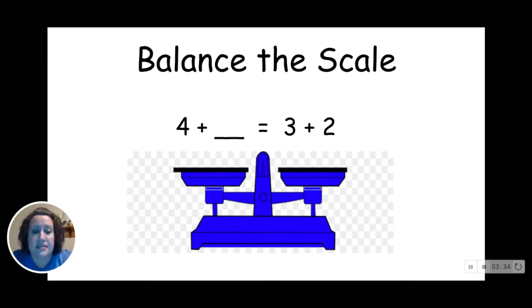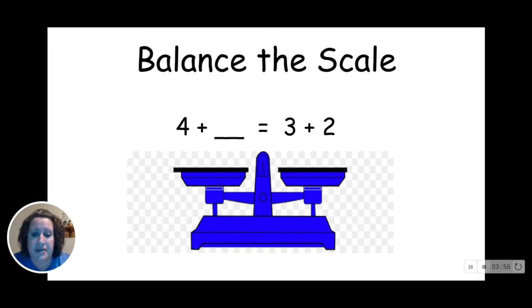Okay. So 4 plus blank equals 3 plus 2. Well, before we can solve for that blank, we need to know how much is on the other side, the side that's not missing any information. 3 plus 2. We can do that, can't we?